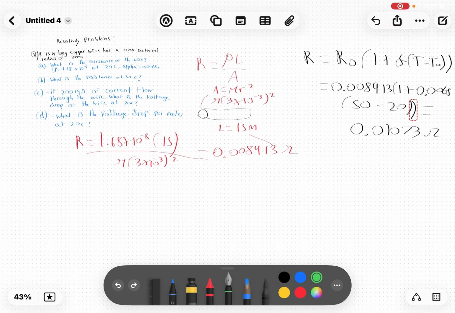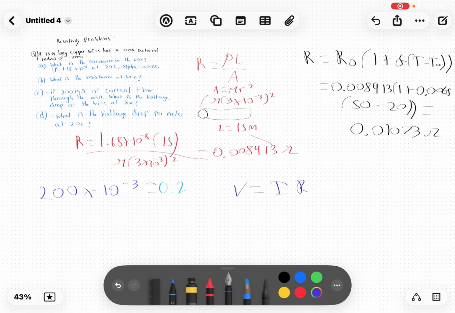Our next question is, if 200 milliamps of current flow through the wire, what is the voltage drop of the wire at 20 degrees? Convert this into the proper unit for current. So milliamps, so this times 10 to the power minus 3. So V equals IR.